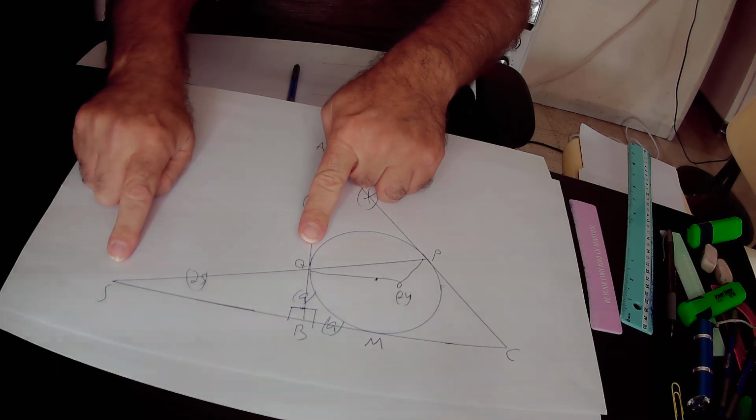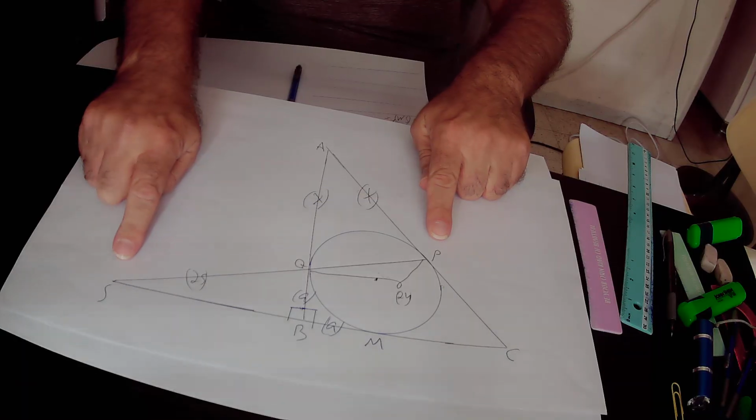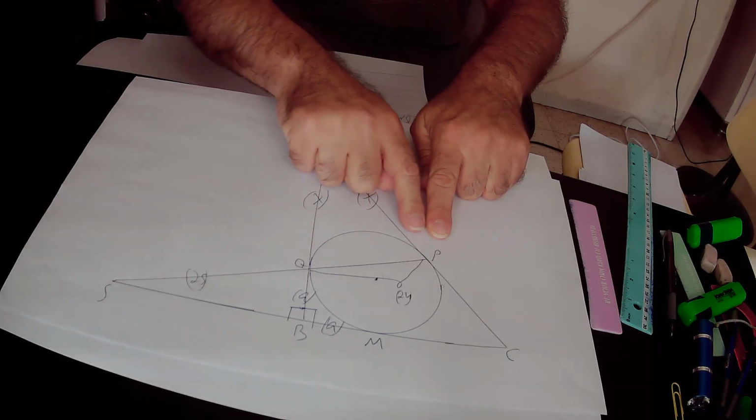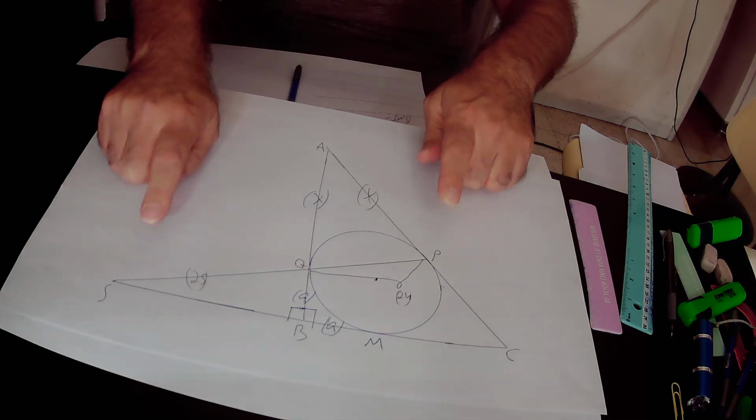SQ is 25 and SP equals SQ plus QP. SQ is 25, QP is 24. So in total SP equals 25 plus 24, that is 49.